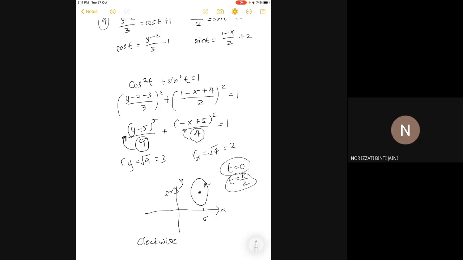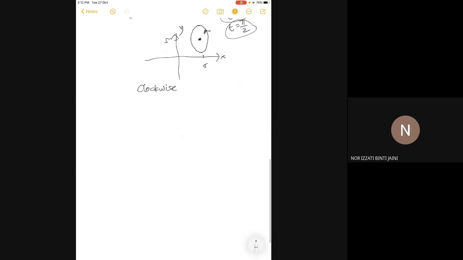One more thing is the square root. Okay, for example, number 11 and 12. Okay, or number 2. 11, 12, nombor 2, semua sama lah ni. Contoh.